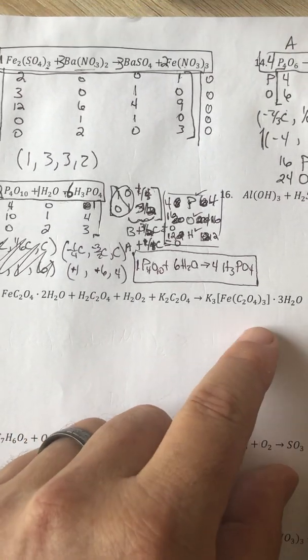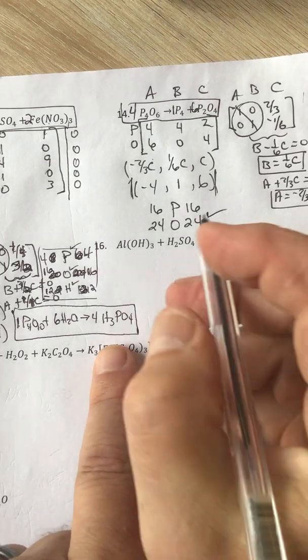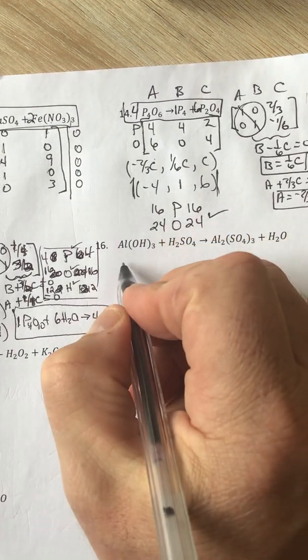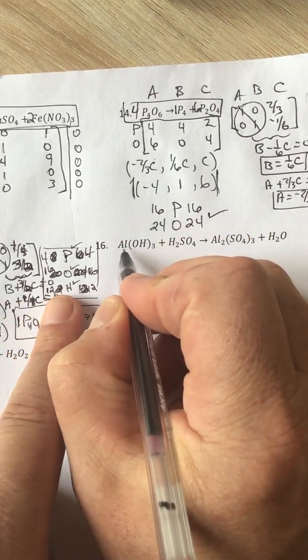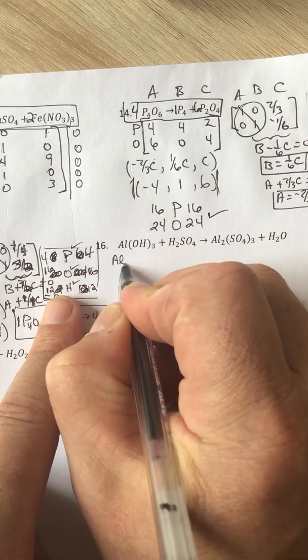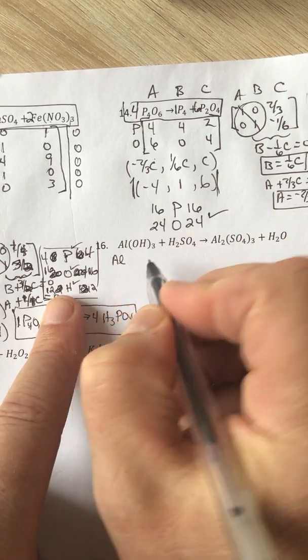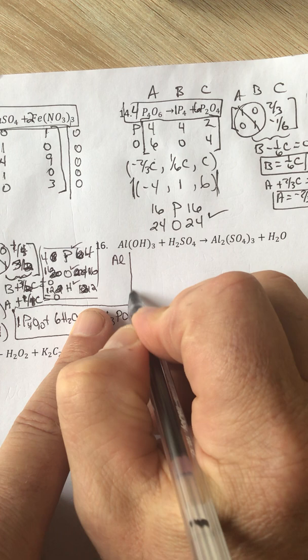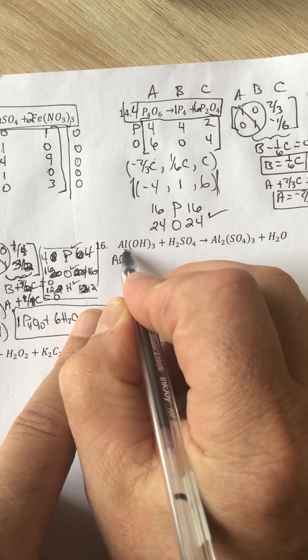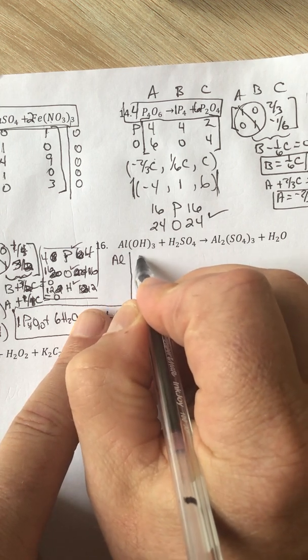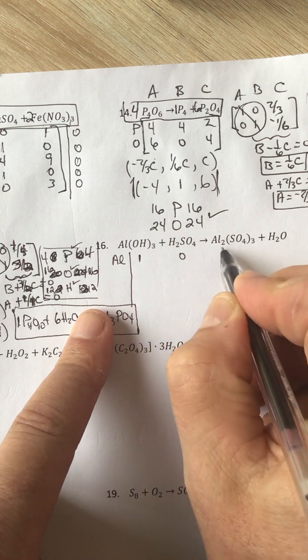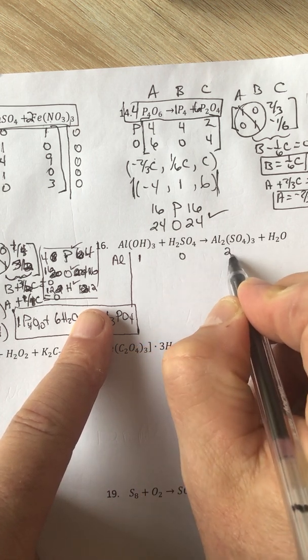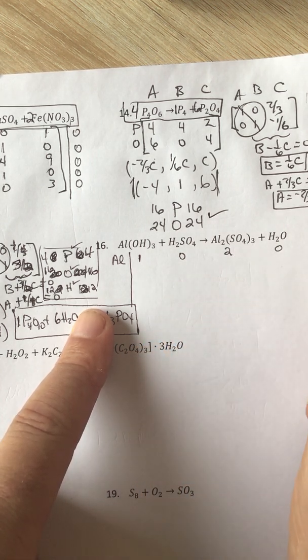Okay, let's take a look at number 16. So it looks like I've got, that's a lowercase l, so that's AL. Not sure what that, maybe that's aluminum, but I'm not sure. Okay, so there's 1 of them here. That 3 is just for those. So there's 1 there, there's none of them there, there's 2 of them here, and there's none of them here.